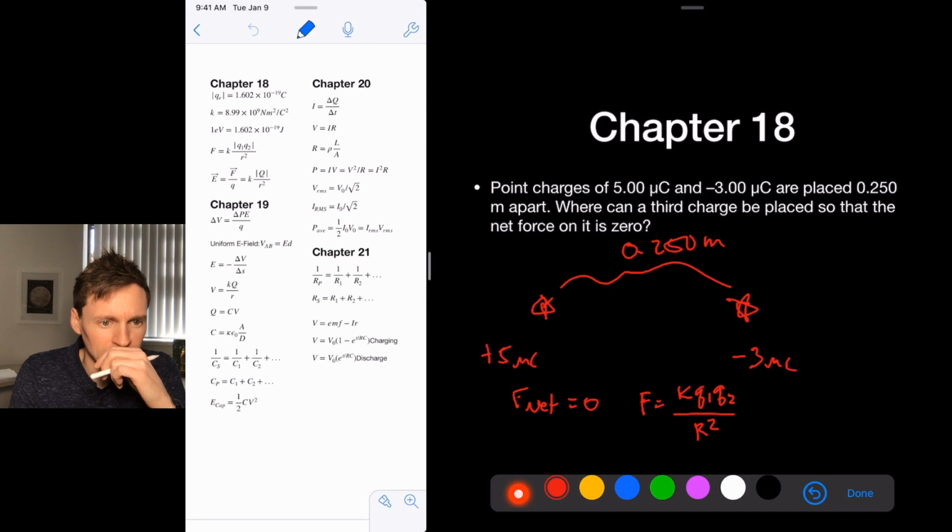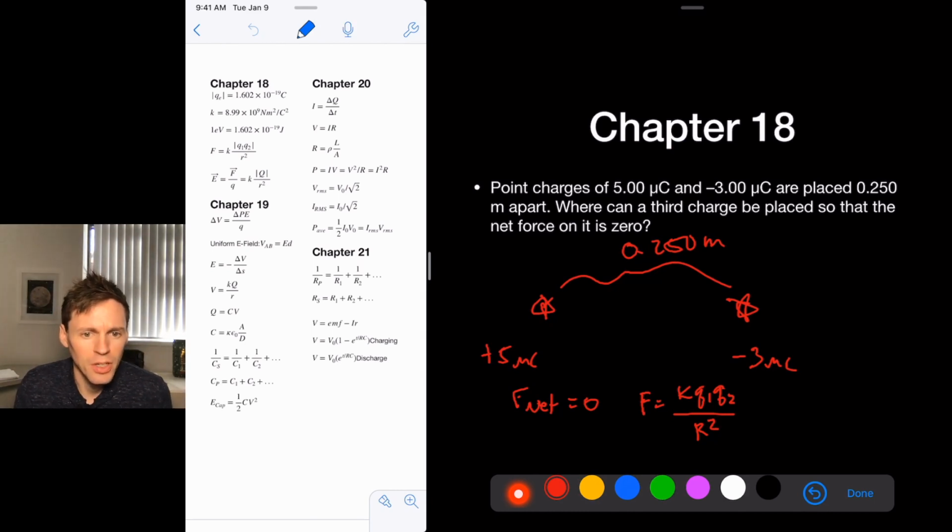Sorry, pause. Oh, I see. Okay, so it's number 25. Point charges of 5 microcoulombs and minus 3 microcoulombs are placed 0.25 meters apart. Okay, so where could a third charge be placed so that the net force on it is 0.